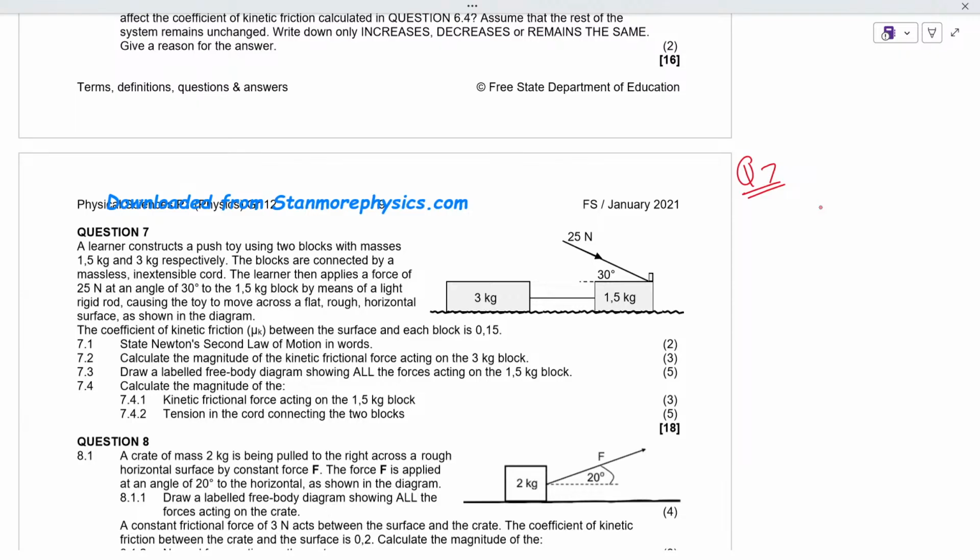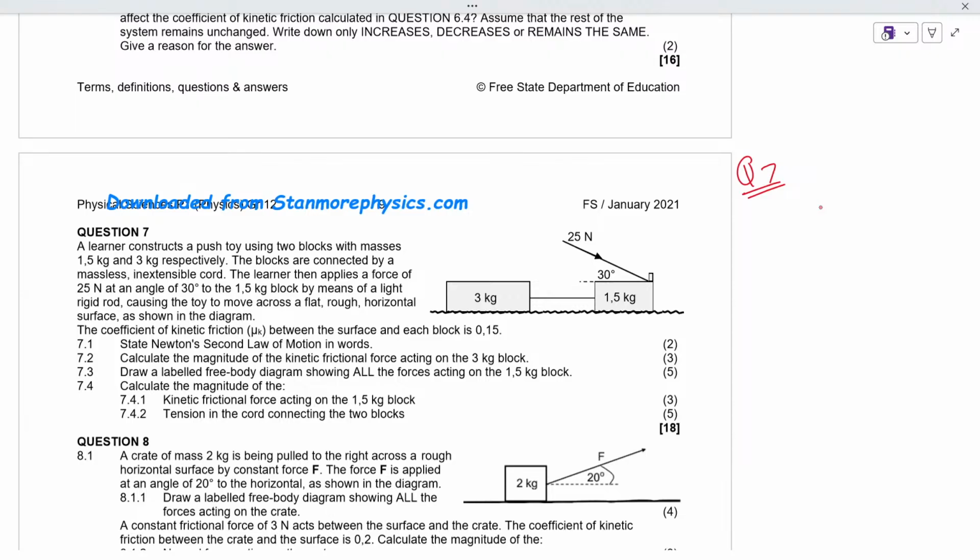Elena then applies a force of 25 N at an angle of 30 degrees to the 1.5 kg block, causing the toy to move across a flat, rough horizontal surface as shown in the diagram. The coefficient of kinetic friction between the surface and each block is 0.15. First, state Newton's second law of motion.